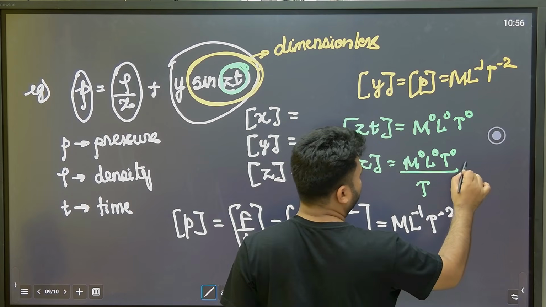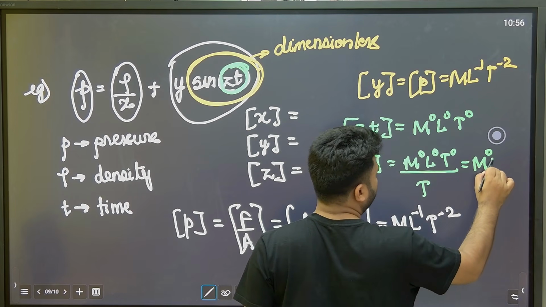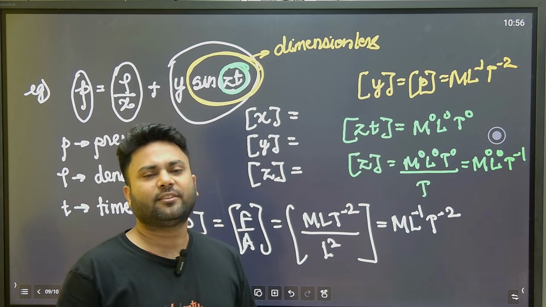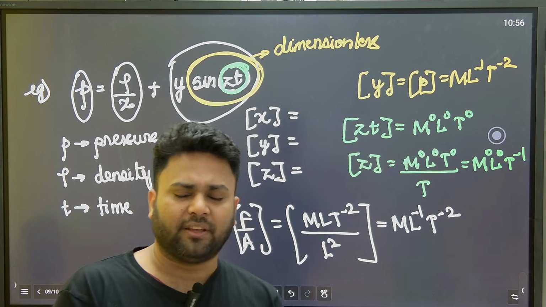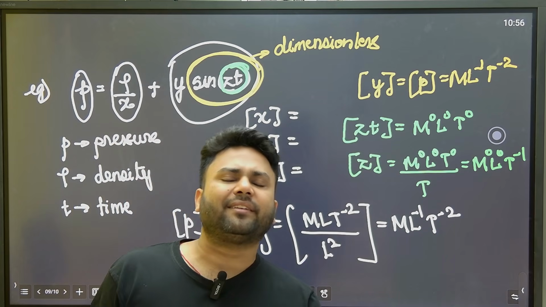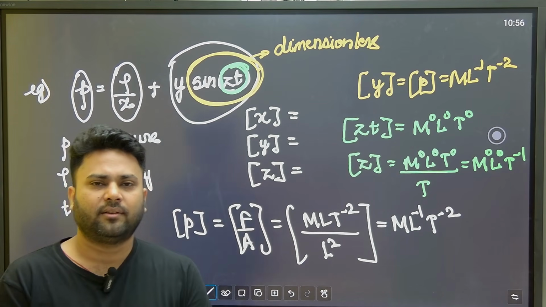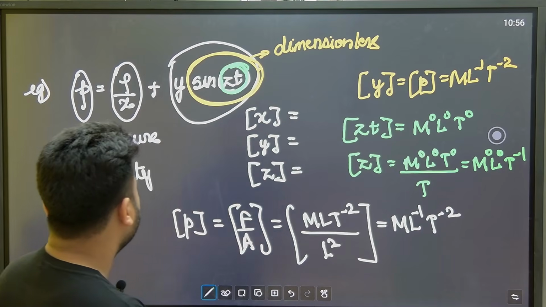Finally it will become M0 L0 T minus 1. This is how we are finding the dimension. Very easy. You just have to practice a little bit. Correct? Okay.